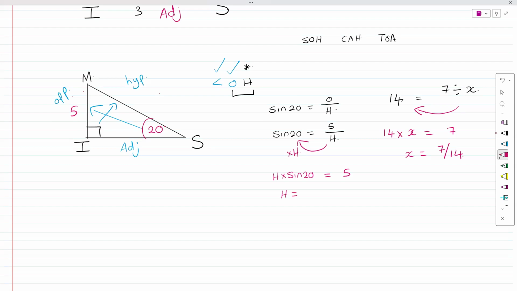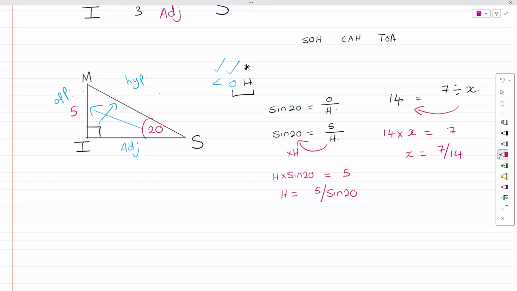And then h equals 5 over sine 20. And what is this answer? 14.62.